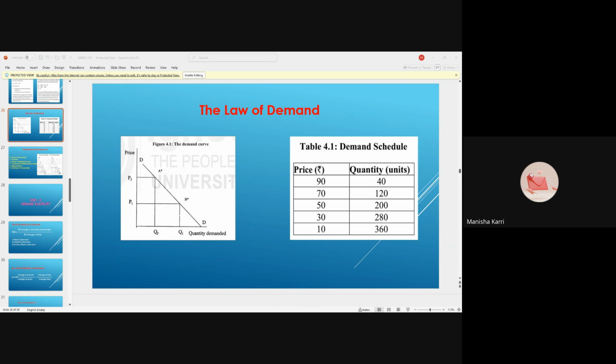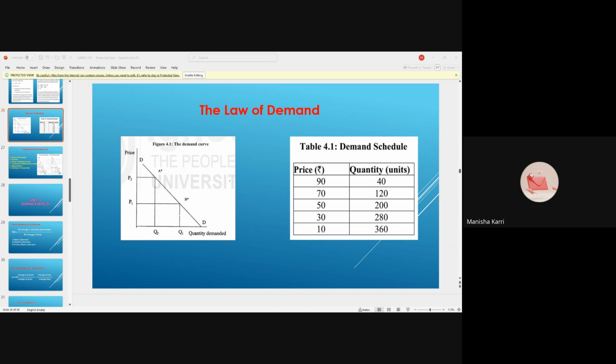This is nothing but the law of demand schedule. Whenever the price is decreased for each product, the consumer behavior will be that since the price is decreased, they will buy a greater quantity of the product.